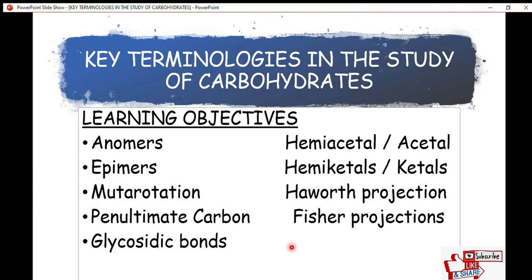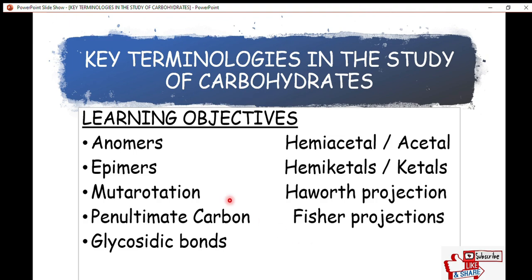We need to know optical activity and chiral centers, as we studied in lesson 3. If you've not studied lesson 3, you can check the description below and find the link, so that you can go back and learn before you acquaint yourself with this new topic.